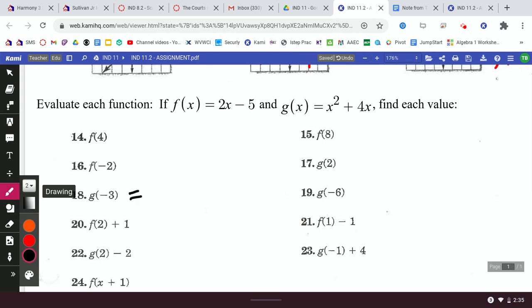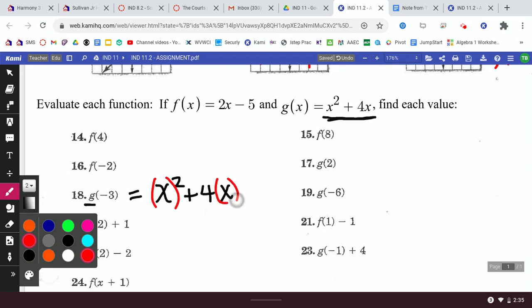Number 18, again, right? It's the g function. So I'm going to go over here to my g function, which is x squared plus 4x. Now I'm going to put brackets around every time I see an x, and I'm going to put brackets around that input. So I get negative 3. Brackets are important. Okay, if you don't use your brackets, your signs will be messed up here.